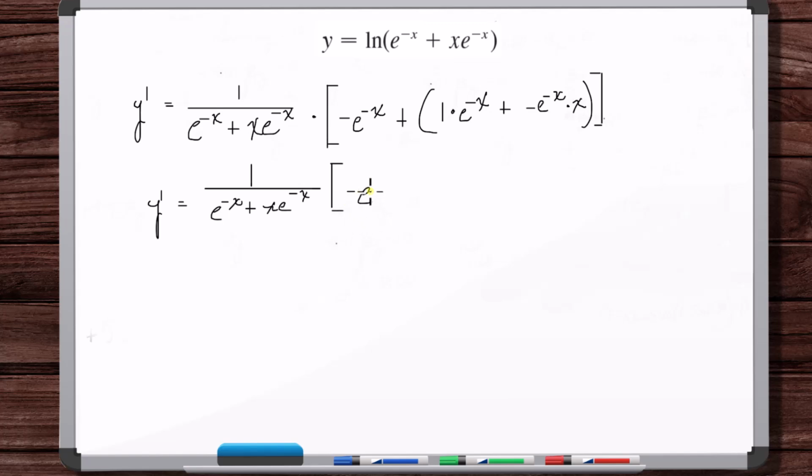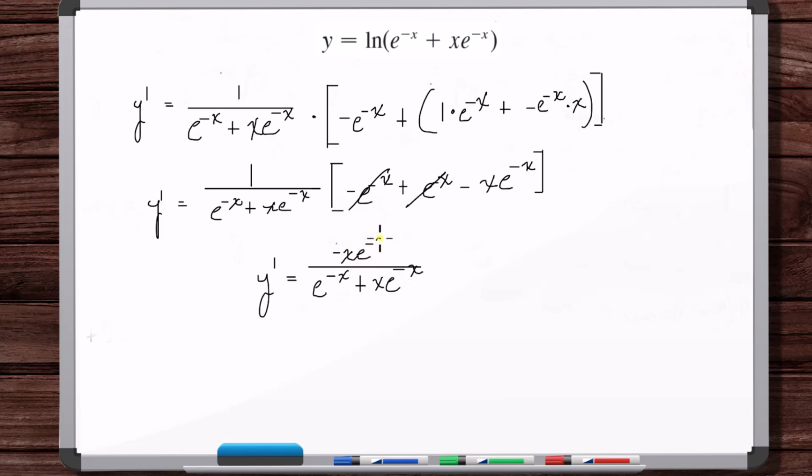So we've got, okay, so these go away, and we're left with, okay, but we can factor out an e to the minus x.